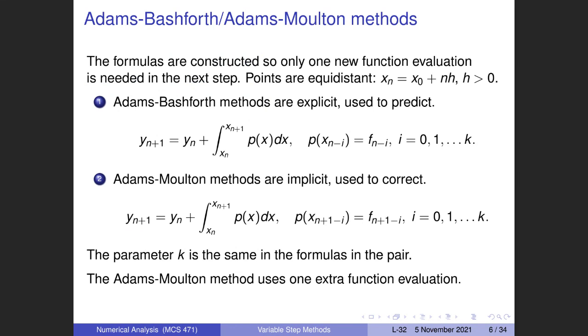We are constructing formulas based on numerical integration. But rather than integrating over an entire interval, going from 0 to x, where x is our last point, we actually integrate over the next interval. So we have a discretization.